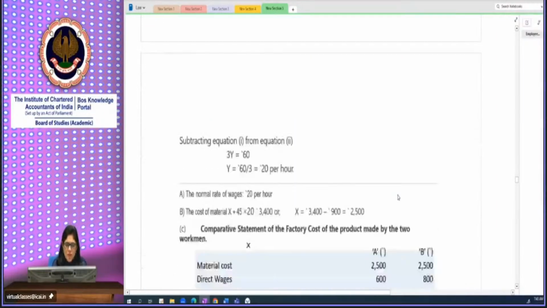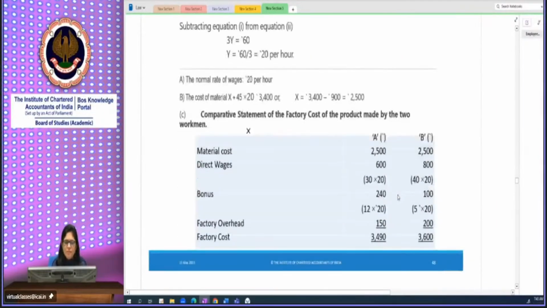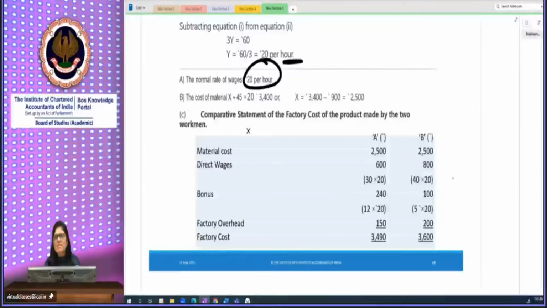So we have the comparative cost also here. So the normal wage rate is 20. That means Y is 20 per hour. So if Y is 20 per hour, you just have to place this Y in the equation and calculate the value of X also. See, material comes to 2500. If you just place 20 and then solve the equation, you will come to X also, which is the material cost.